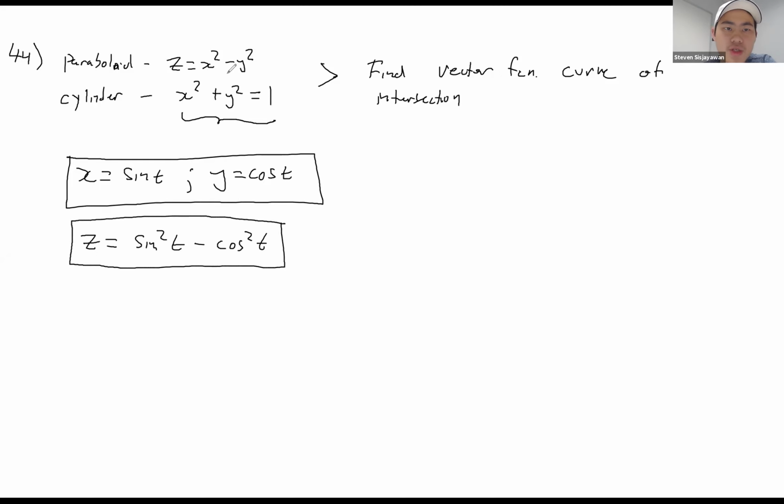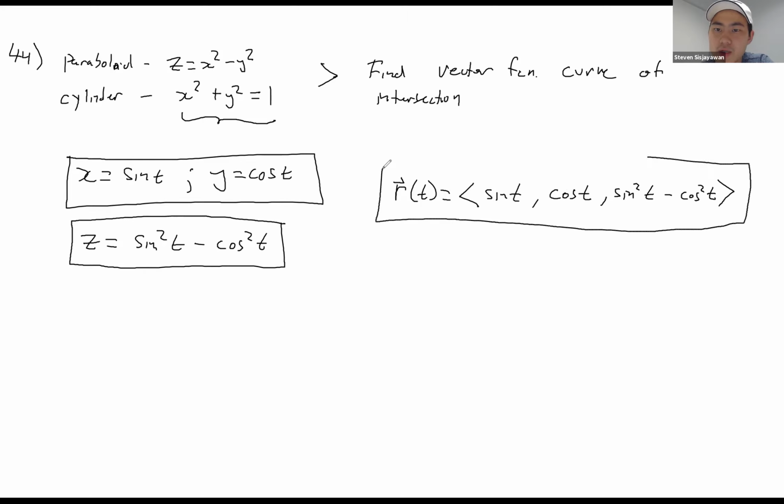And so for this question, the curve of intersection is going to be this vector function, where your x component is sine of t, your y component is cosine of t, and finally, z is sine squared t minus cos squared t. Okay. All right, and so that is going to be the answer for this question. All right, so pretty straightforward so far.